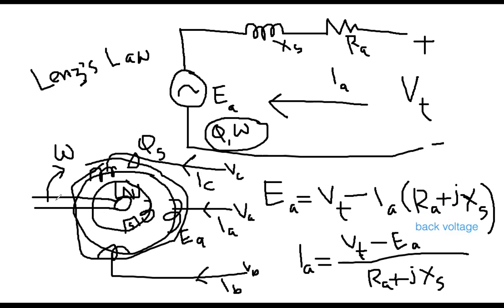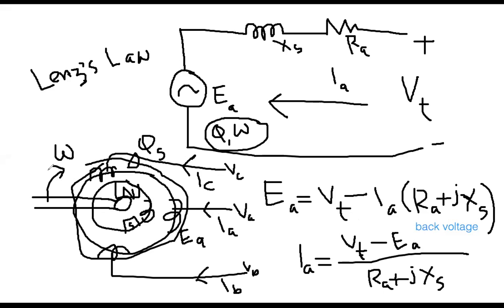If the speed of rotation is fixed at synchronous speed, then the only factor is phi. Depending on the phi, EA can be 0. So at the very beginning, when you are applying the voltage or current to the stator coils, initially EA is 0.